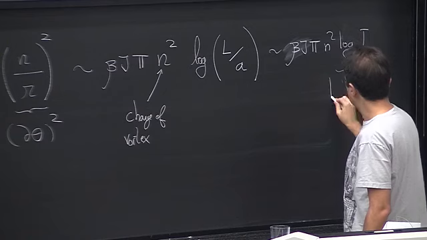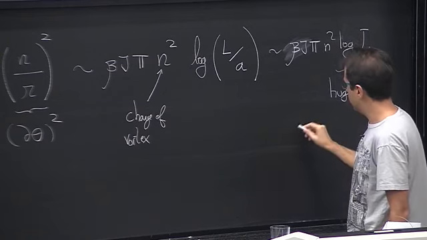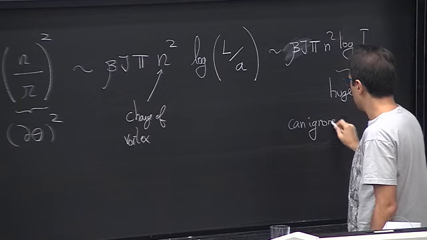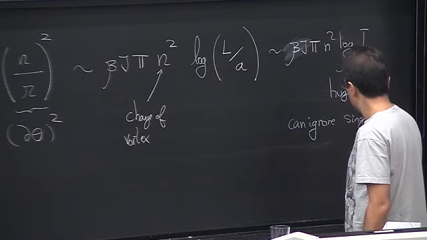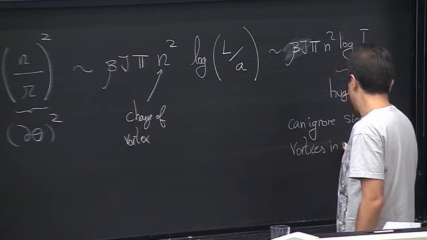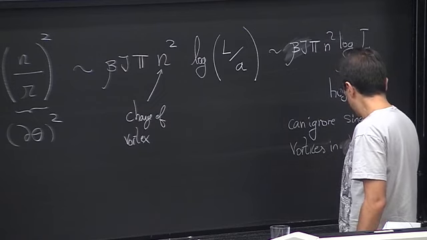And therefore, this is huge, which implies that we can ignore single vortices in our lattice.